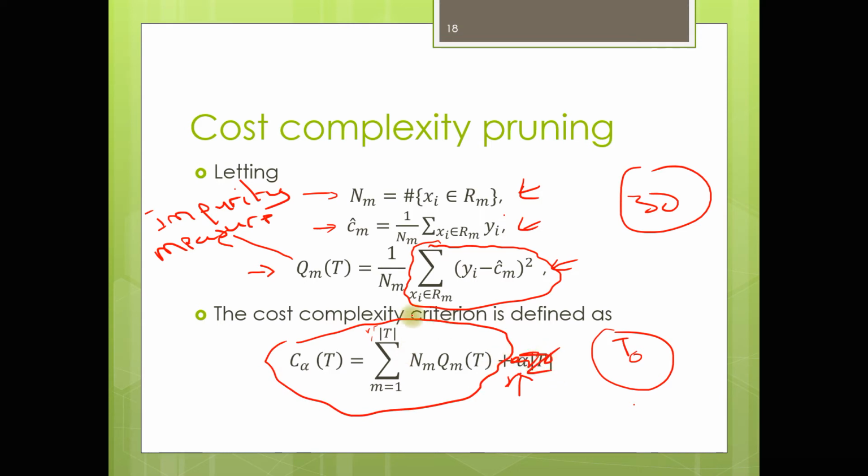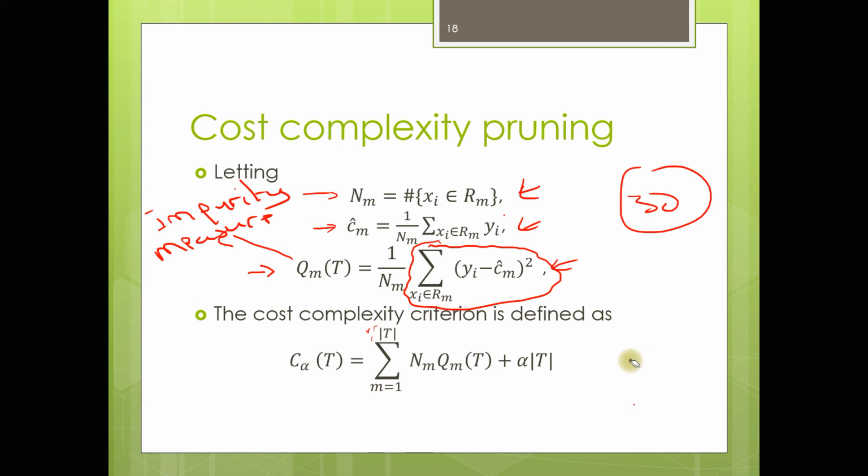So in other words, this modulus T has nothing to do with a subtree. It's basically the fully grown tree that you have built. But here, when alpha starts to increase, this is where things get interesting.